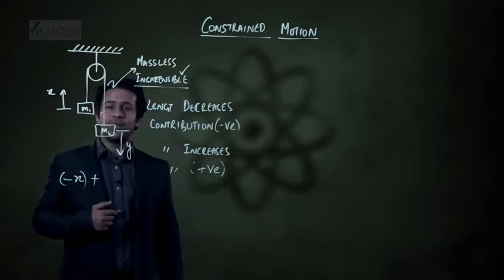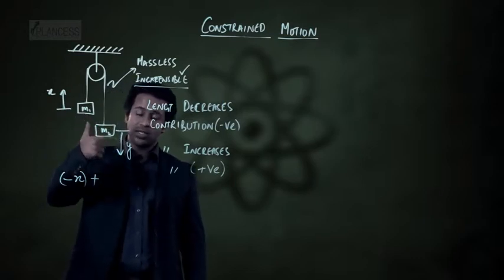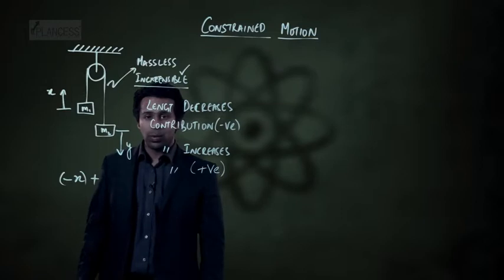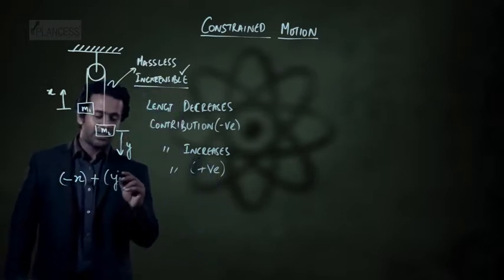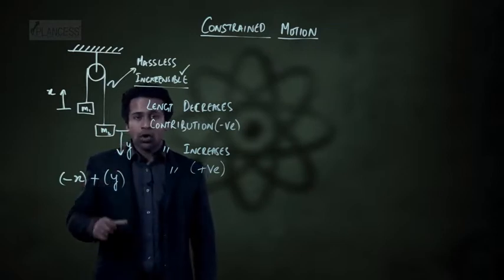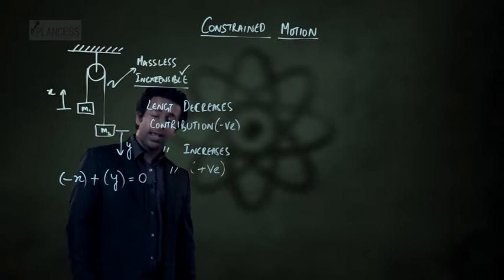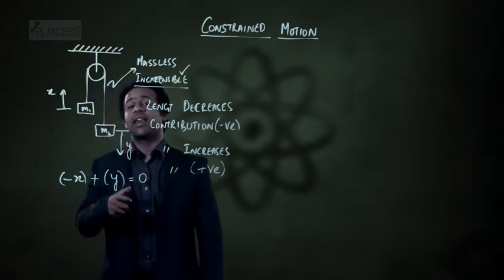On this side, if everything else is stationary, M2 causes the length to increase by an amount y. So this y is the contribution of M2. Now, the sum of all contributions must add up to 0. This is because the length cannot change.